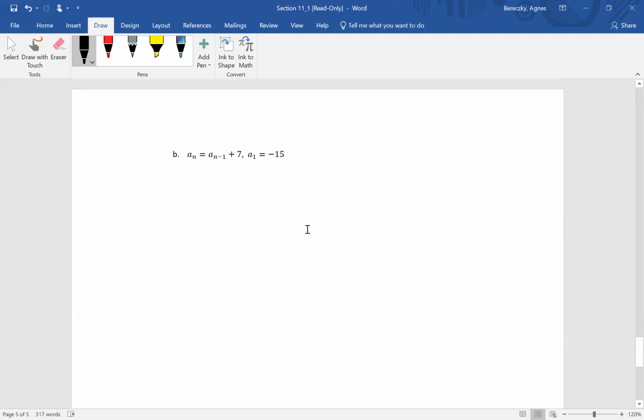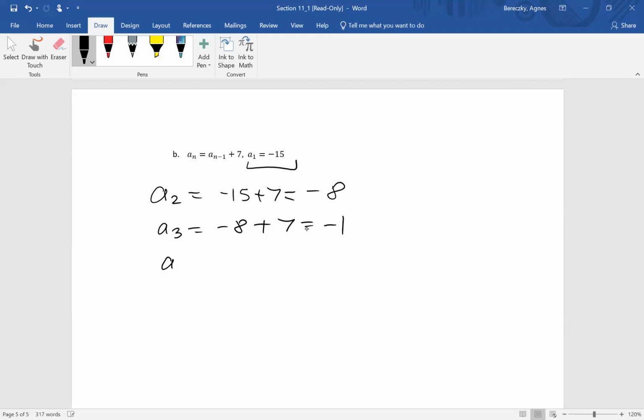For the other example, they give you a formula for the nth term. So the first term is -15. The second term is the previous term, so it's -15 plus 7. So that will be -8. The third term is the previous term, which is -8 plus 7, which is -1. The fourth term will be -1 plus 7, which is 6.